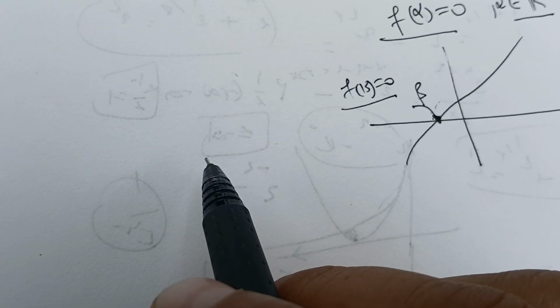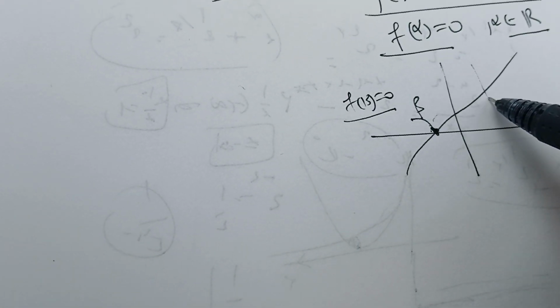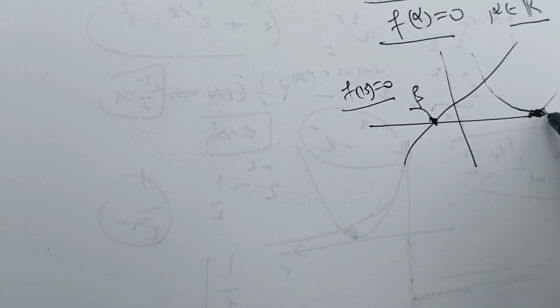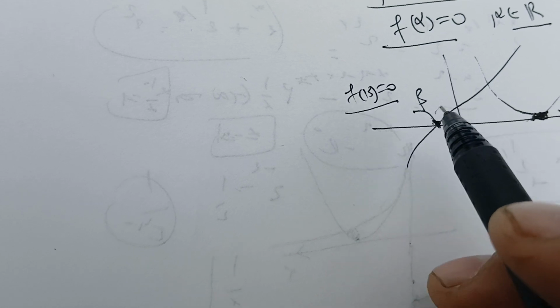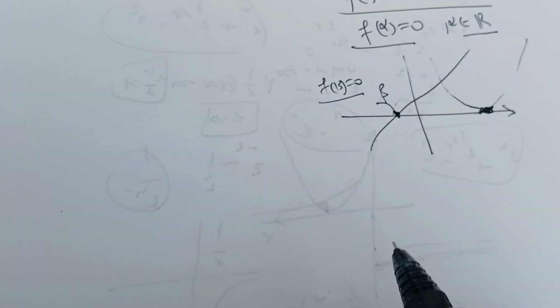So if f is increasing, that means this is the only solution. But sometimes you can have a function that can just hit the x-axis and make 0. So let's see this one here. Let's graph this one.